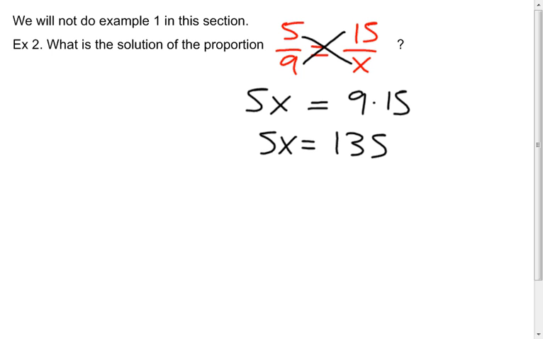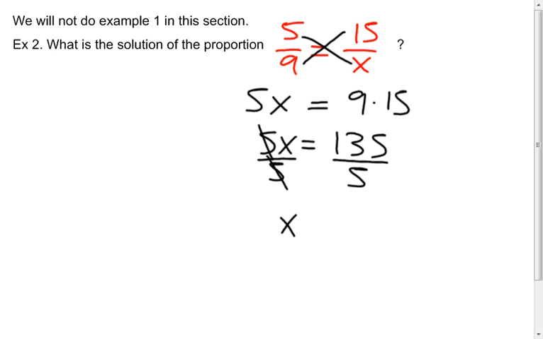Now, from here, it's an example of a one-step problem, just like we did in the first half of Chapter 2, that we already took the test on. So from here, I ask myself those same questions. What's my variable, x? What's being done to it? It's being multiplied by 5, so I need to do the inverse, which is divide by 5. Multiplying by 5 and dividing by 5 are inverses, so they cancel.